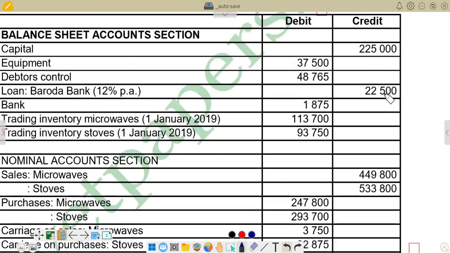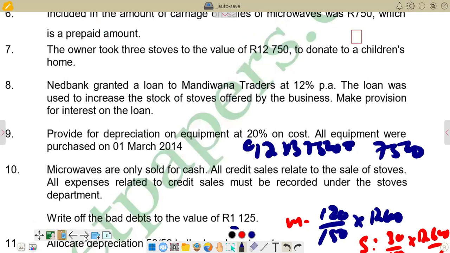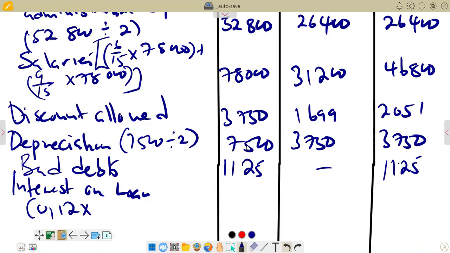Right, loan is here 22,500. So we are saying times 22,500. It's 7,500 is going to apply to this stocks market. Here we don't have anything, so total 7,500. So this is what we have.